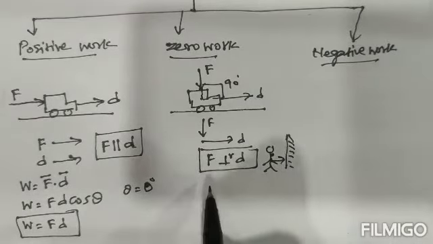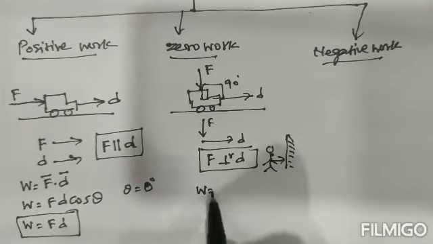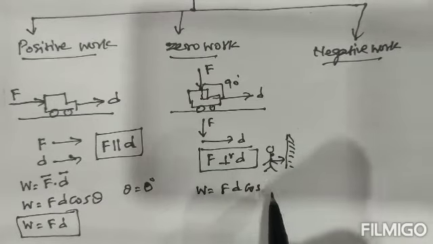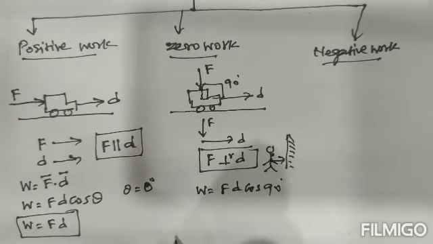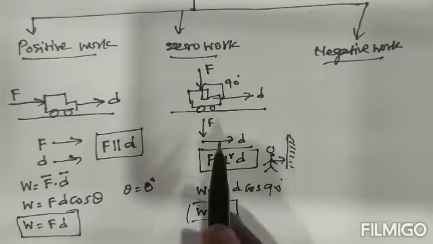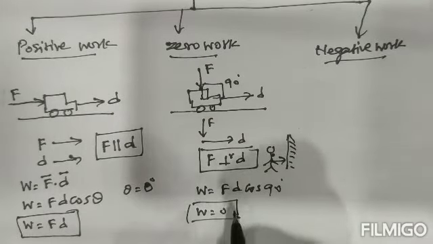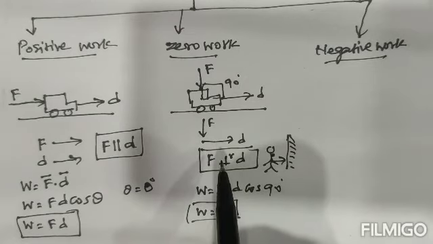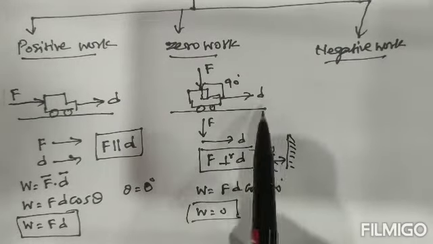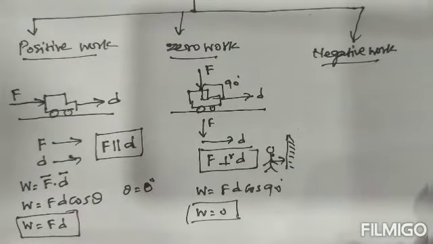So the same idea, work done is equal to FD cos 90, the value of cos 90 is 0, so work done is equal to 0. So zero work done means applied force is perpendicular to the displacement direction, that is zero work.